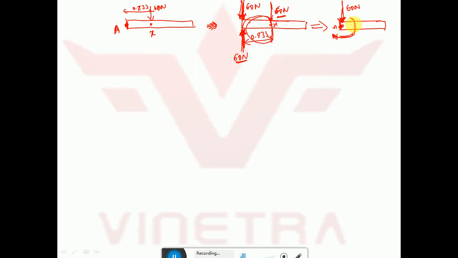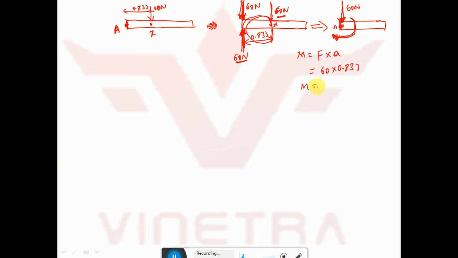I need to know the magnitude of this clockwise moment of couple. So how do we calculate the moment of couple? M is equal to force into perpendicular distance between the two forces. Either of the forces, 60 into 0.833.